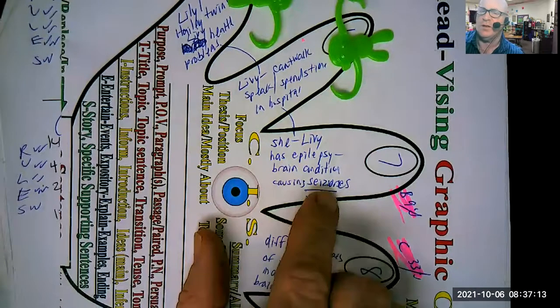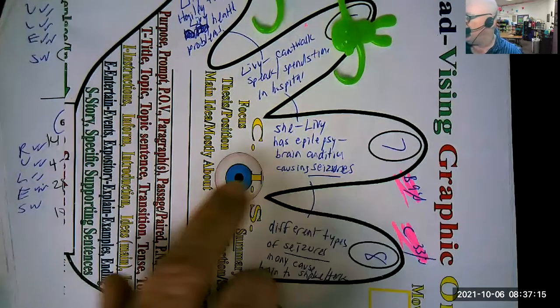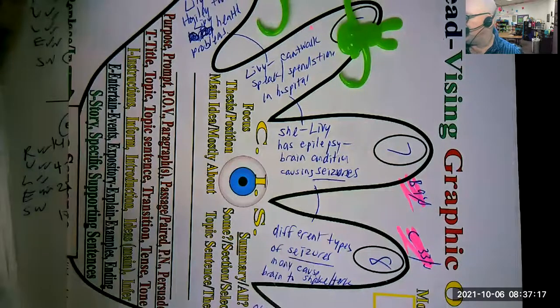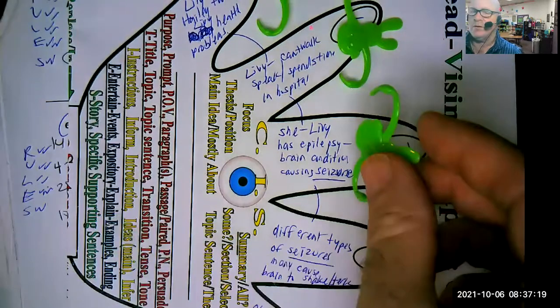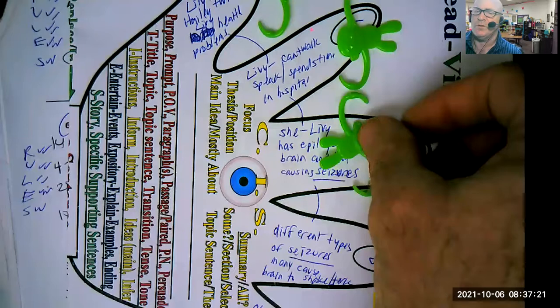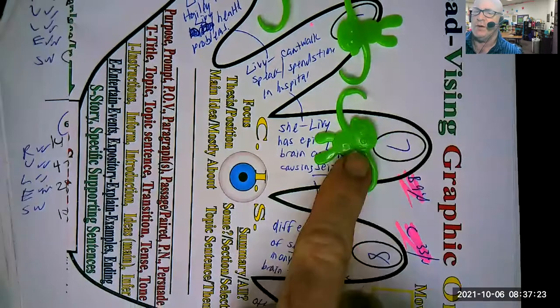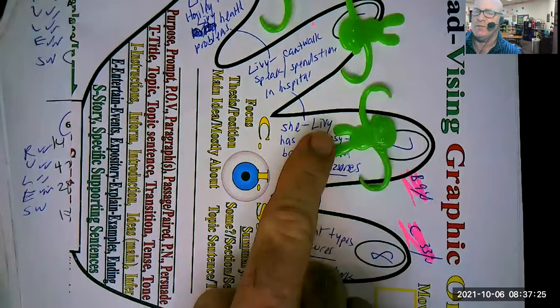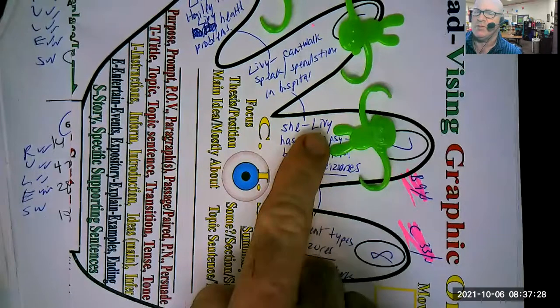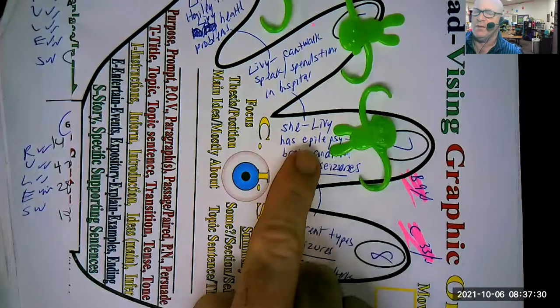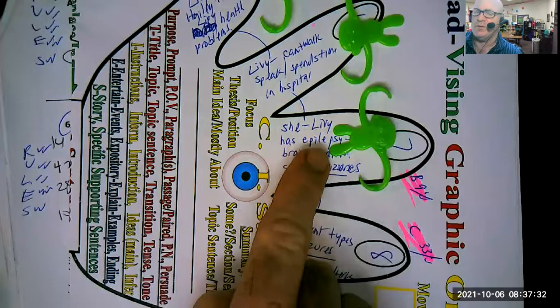Because we're still talking about Lily, we would not eliminate that one either because it's talking about our subject of the paragraph, Lily, and the problems that she has. It gets specific. GPS, get pretty specific.